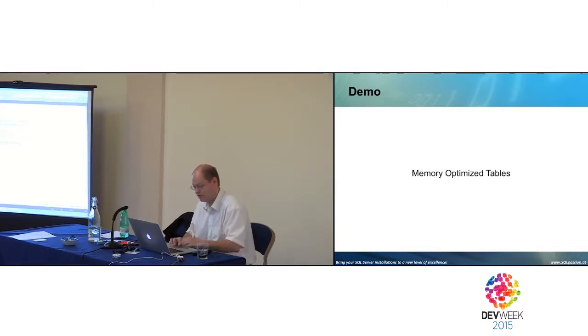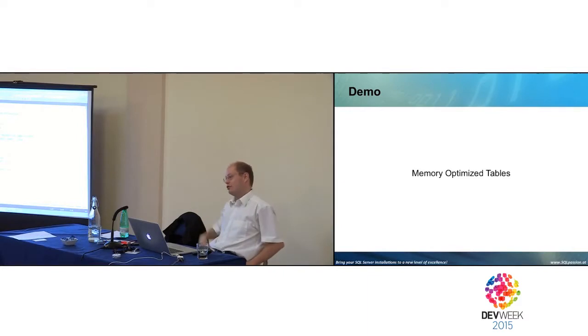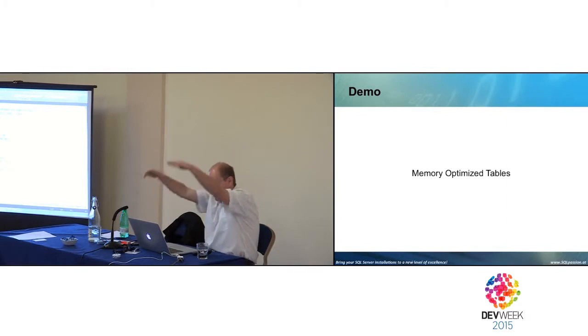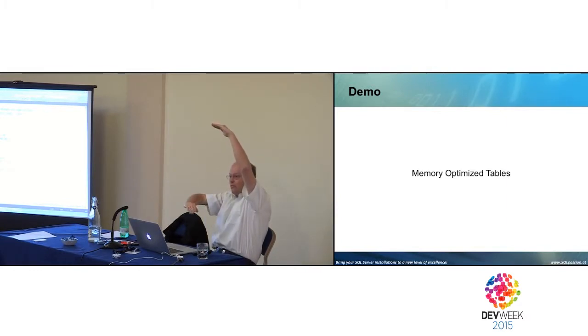So I've just prepared a new database and I create a simple table with a bucket count of 1024. SQL Server always rounds up to the next power of 2. It means when you create a bucket count of 1000 you get 1024. In that case, when we create that table we get internally a hash table as a data structure, and within that hash table we have 1000 hash buckets.